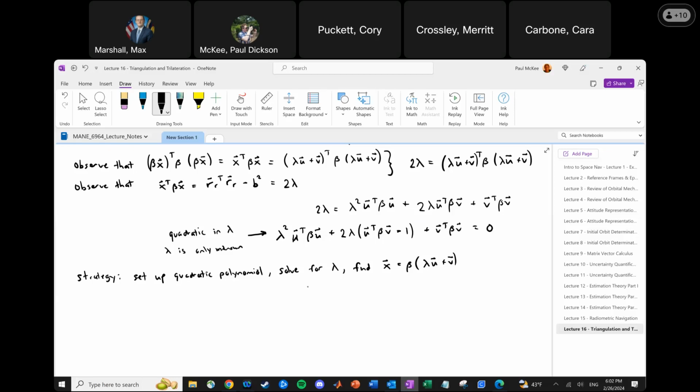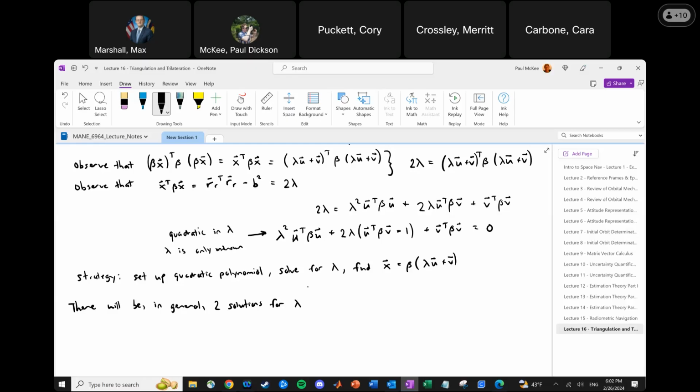So there will be, in general, 2 solutions for lambda.